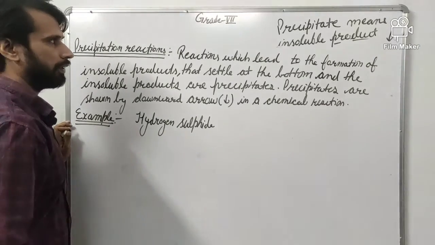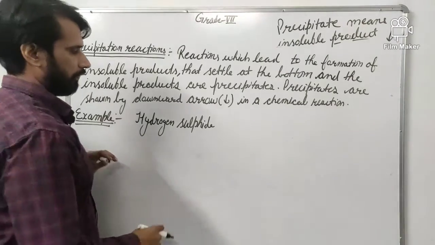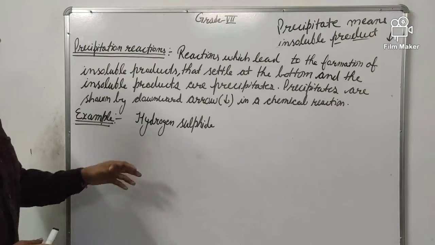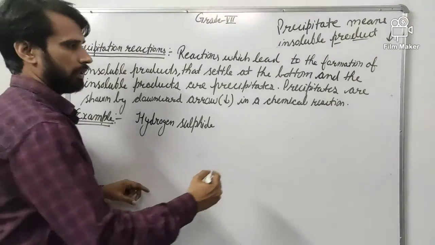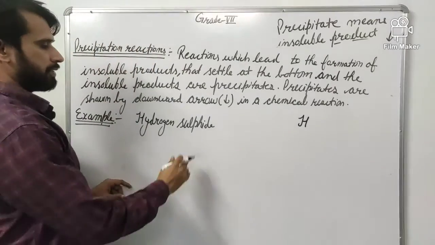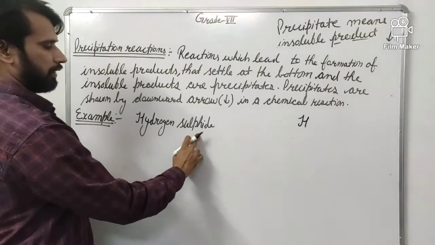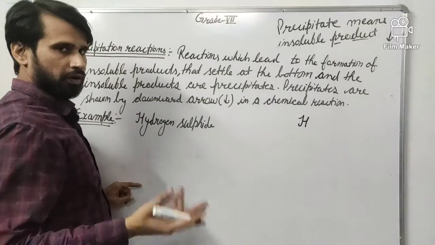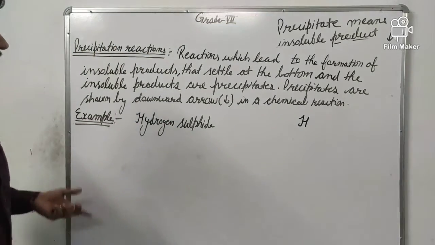To write hydrogen sulfide, first of all you have to be aware of the symbols of the elements. The symbol of hydrogen is H. Sulfide means sulfur written in its ionic form.